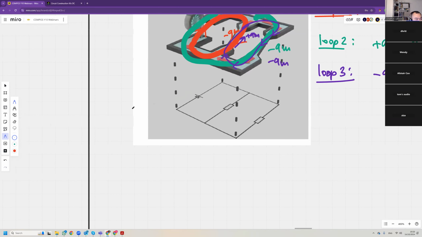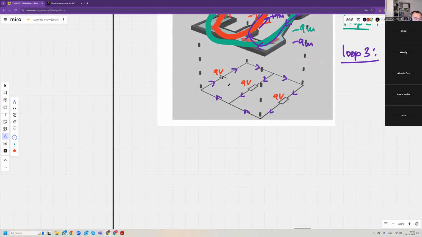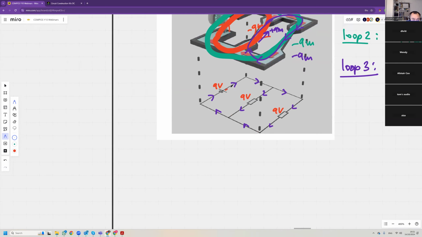Okay, so same here. Because the current is flowing this way, the battery, 9 volts. This is 9 volts and 9 volts. So in the first loop, loop 1, you're gaining energy in the battery, so plus 9 in the battery, minus 9 in the resistor, and that total is 0.